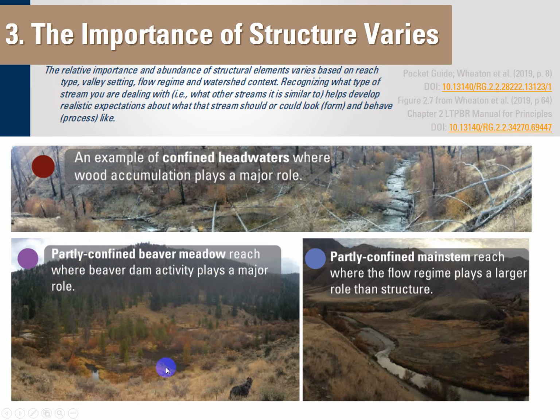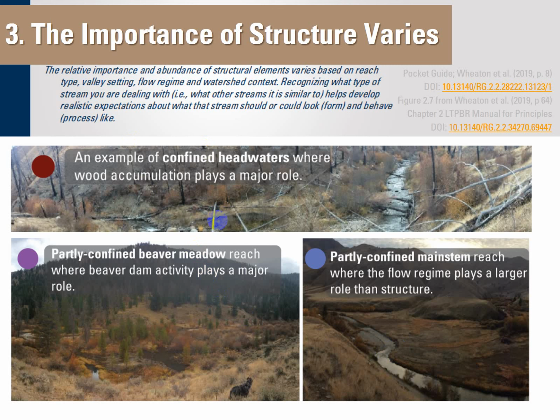In other areas, beaver dam activity plays a major role. In other areas, this partly confined main stem, the flow regime plays a much bigger role than structure, kind of overwhelms the two. So how important the things that we just talked about in principle 2, structure, are, depends.